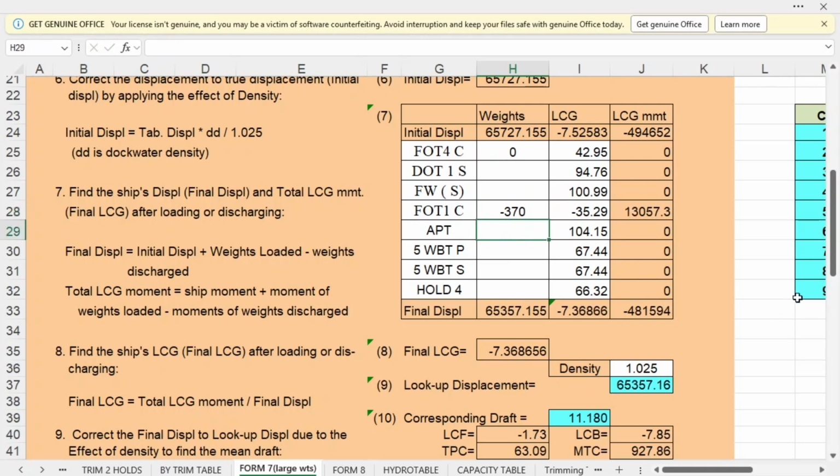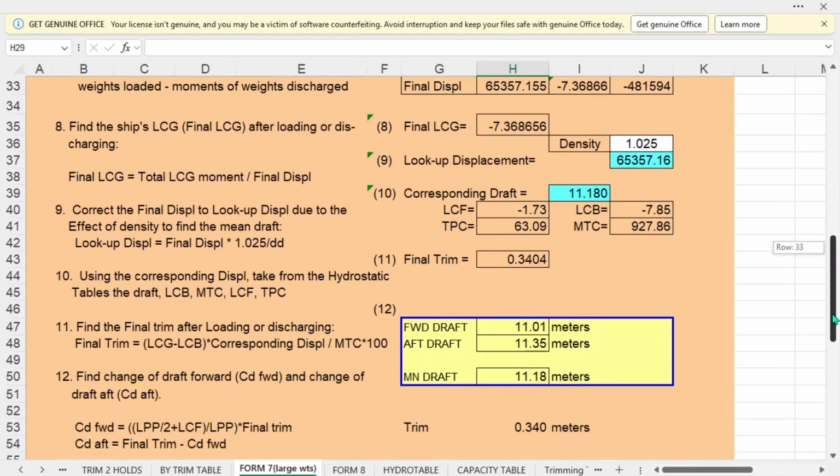Enter, and the draft forward would be 11.01, aft will be 11.35, mean draft will be 11.18 and trim will be 0.34.